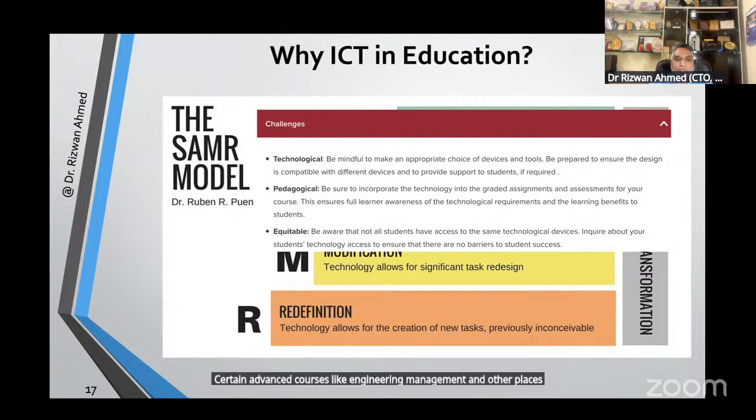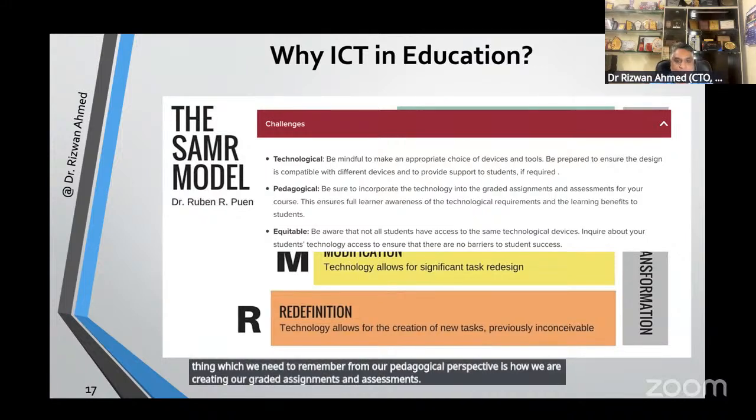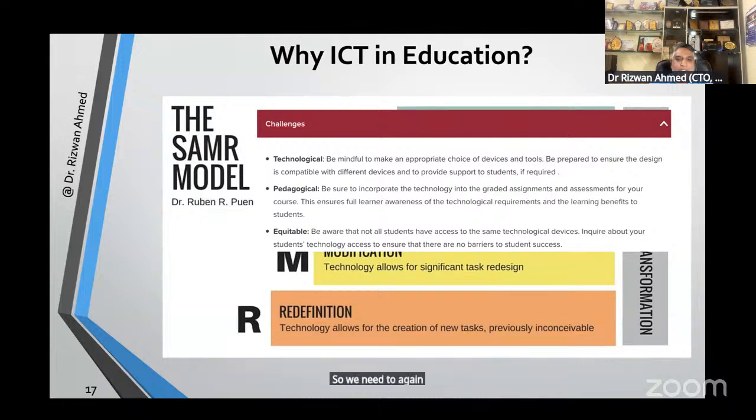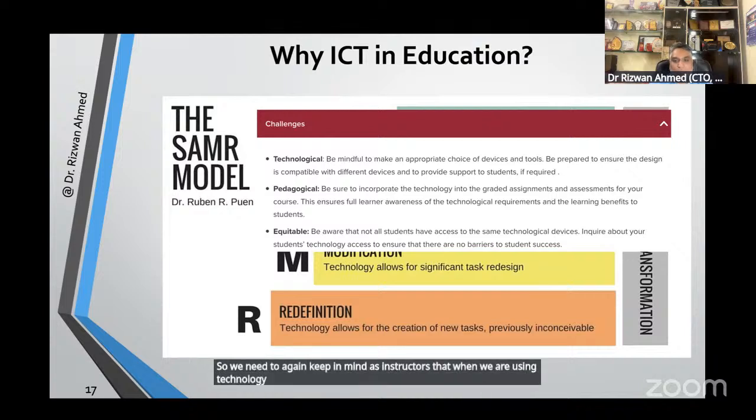The second thing we need to remember from our pedagogical perspective is how we are creating our graded assignments and assessments. We need to keep in mind as instructors that when we are using technology, that technology use should benefit students.